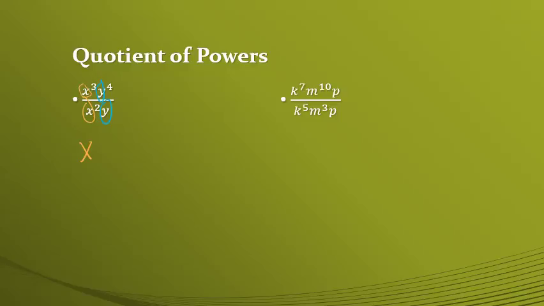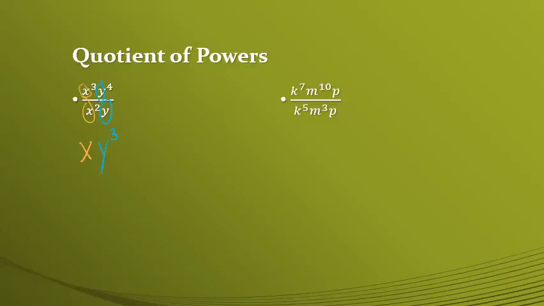So I've got y to the fourth divided by y to the first, and 4 minus 1 is going to be 3, and so I've got y cubed. And so my answer here, x to the third times y to the fourth divided by x squared y, is x y to the third.